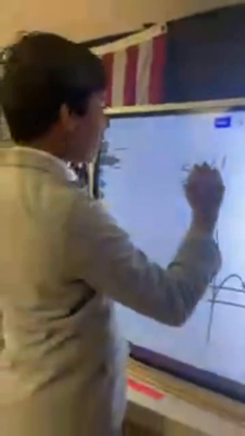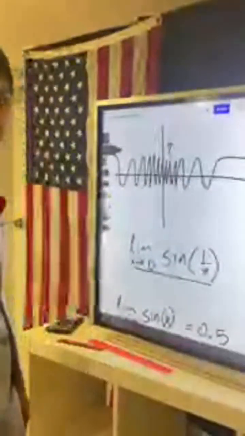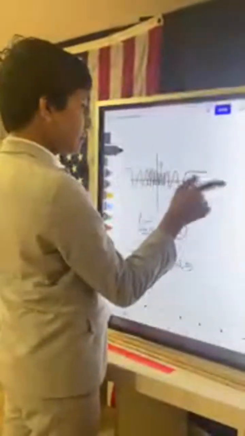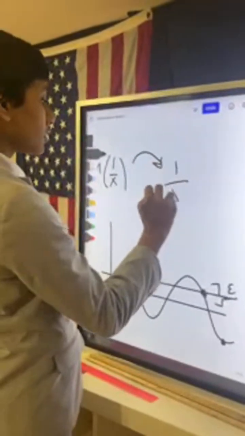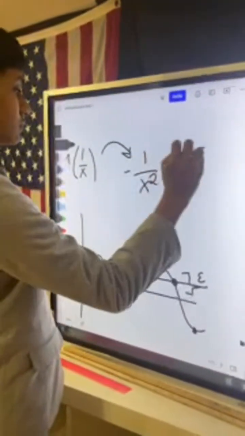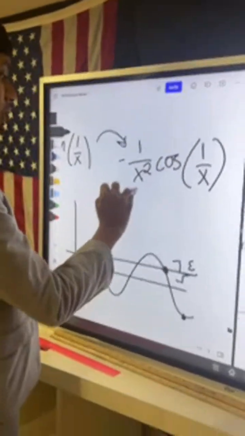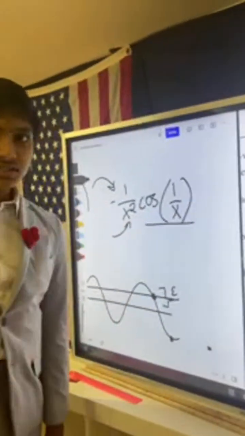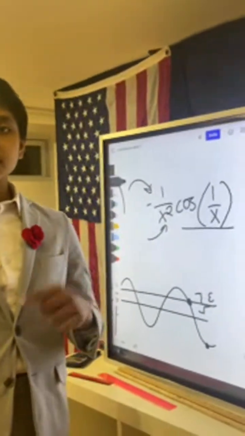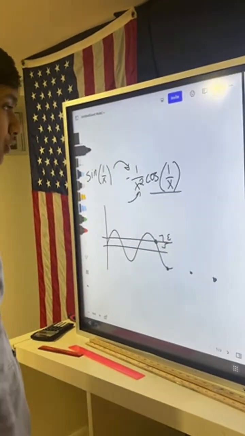Specifically, if you take the derivative, or just look at the graph itself, you'll see that the derivative starts rapidly changing as well as the function itself. You can take the derivative yourself, and via the chain rule, you get this, which means that as x approaches 0, this is going to spiral off to infinity, and this is going to keep oscillating between 1 and negative 1, which means it's just going to keep growing faster and going closer to infinity over and over and over.